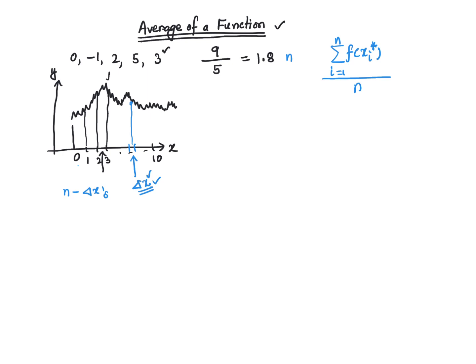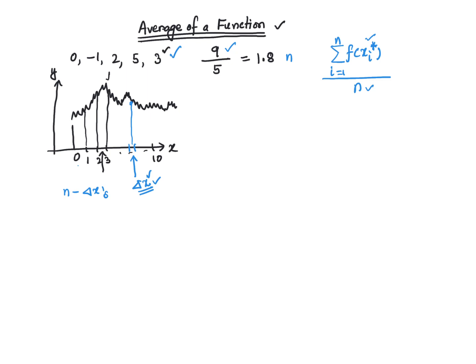I have n numbers from n different delta x intervals, and I add them up and divide by n, the total number of subintervals I am considering. This is exactly like finding the familiar discrete case average. I'm just extending it to smaller windows, so no problem there.